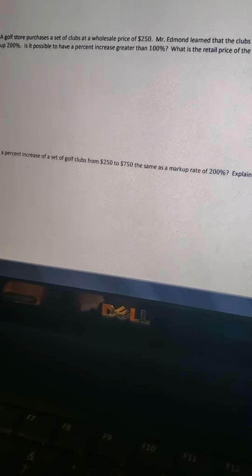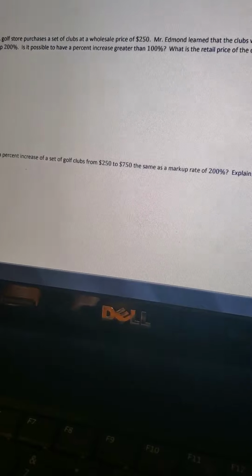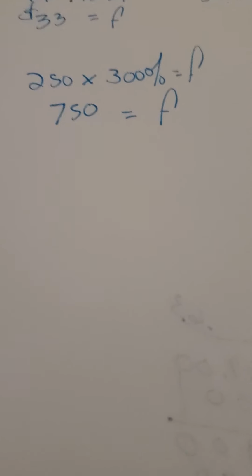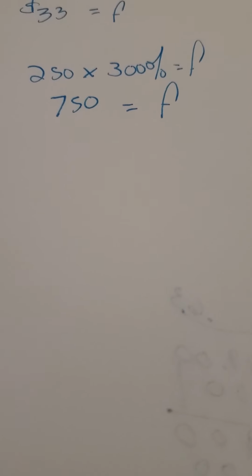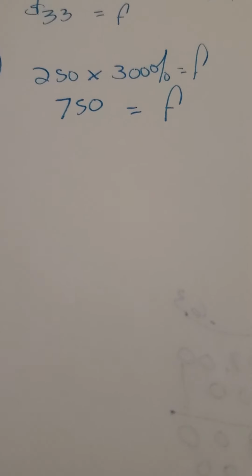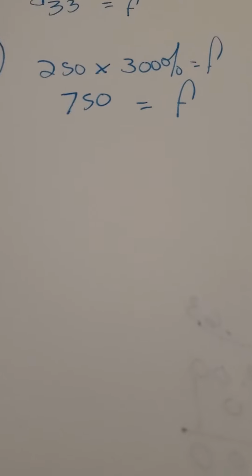The easiest way to do that is to always just add that 100% in. So when you had your equation, which is $250 times 300%, because 100% would be even. If we multiply it by 200% or just put 2, that's not going to be a 300% increase.